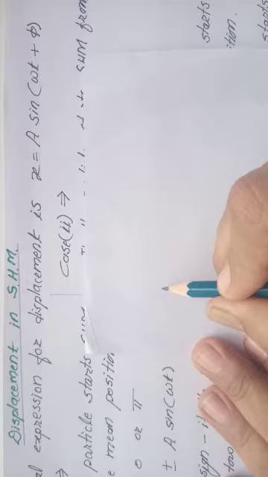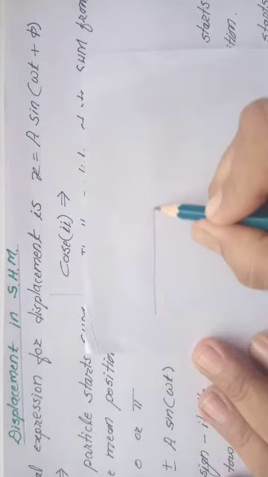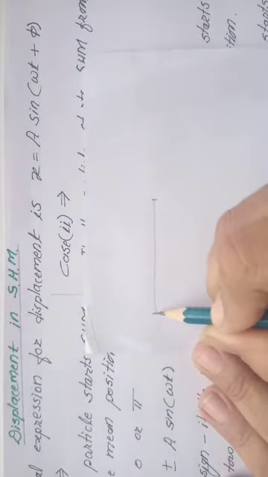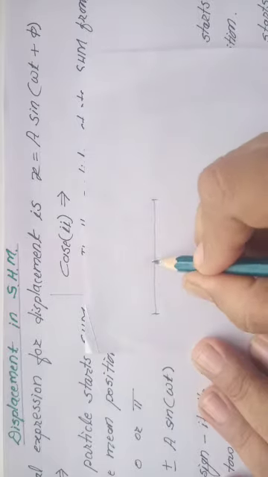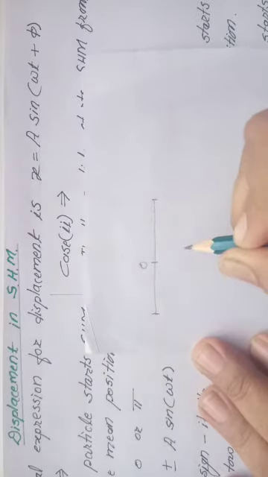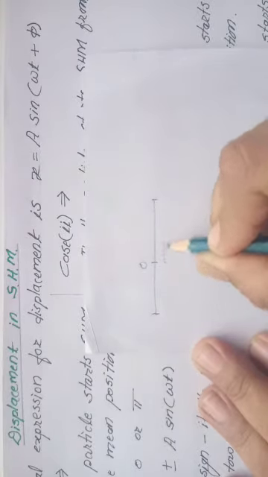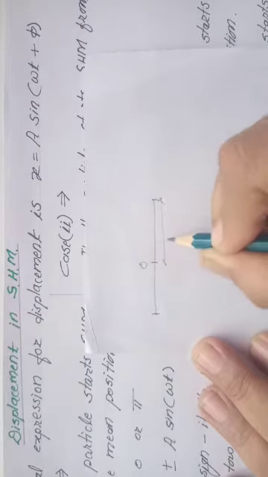For that, we consider, now see here, this is the path length of SHM. O is the center, suppose, and A is the amplitude of SHM.